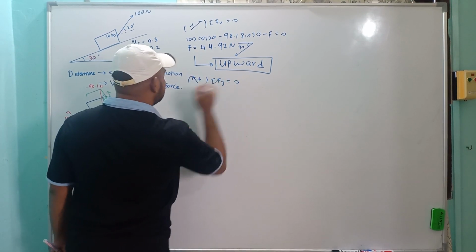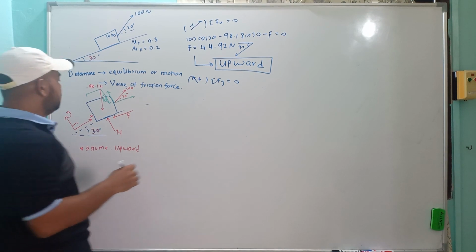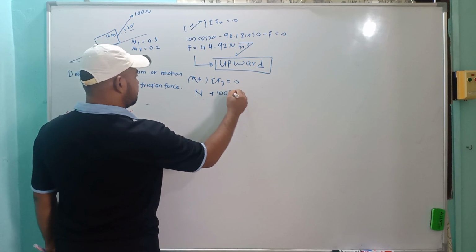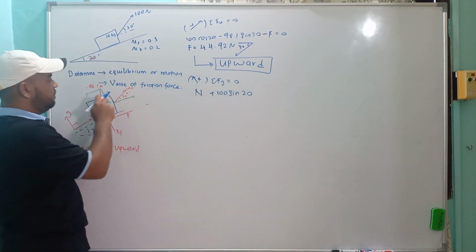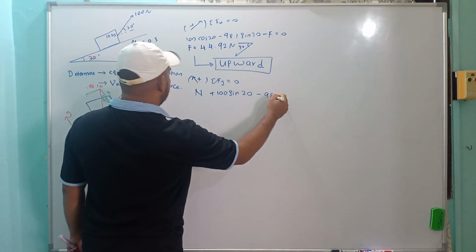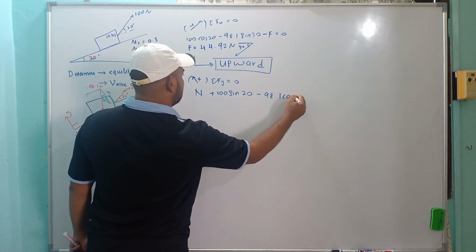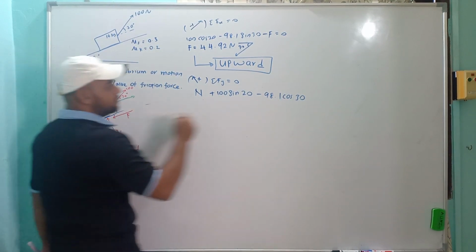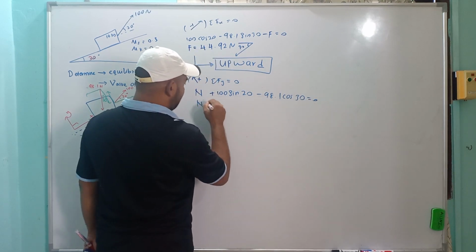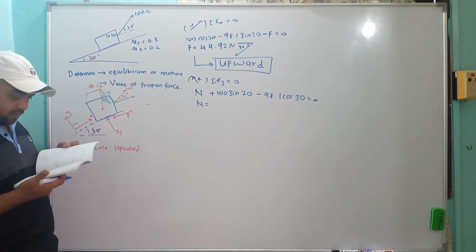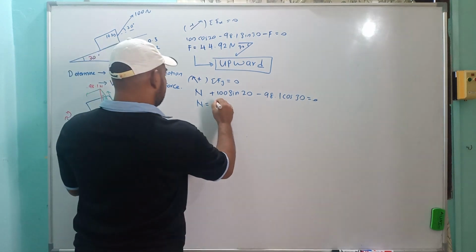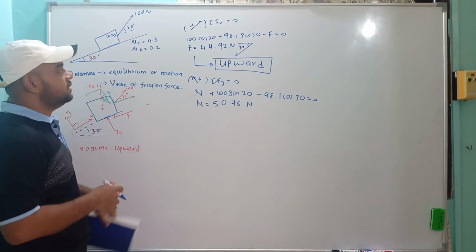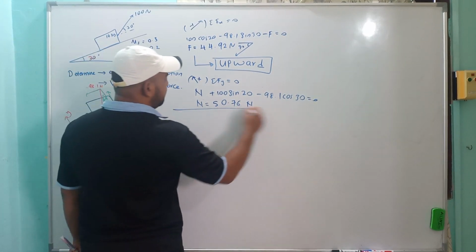Sigma Fy equal to 0, we have N plus 100 sin 20, minus 98.1 cos 30, equal to 0. From the calculation, I got N as 50.76 Newton.